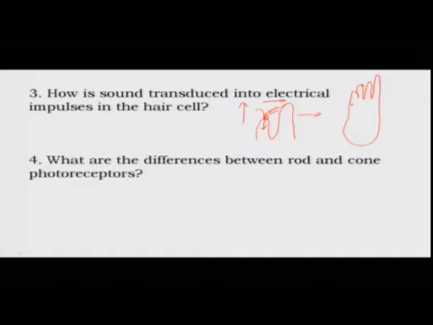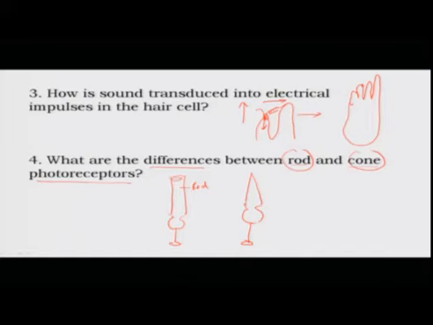The fourth and the last question is, what are the differences between rod and cone photoreceptors? This is quite simple, you can get it from the name itself. The first difference is in the shape of what is called the outer segment. The shape of the outer segment is rod-like in rod photoreceptors and cone-like in cone photoreceptors.